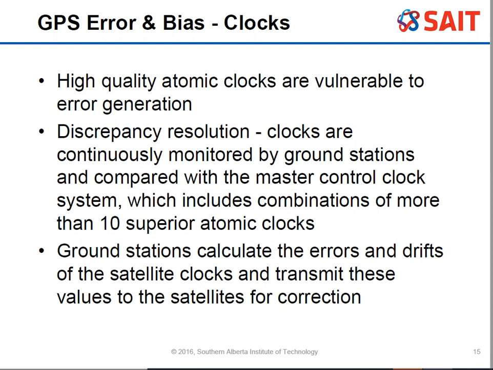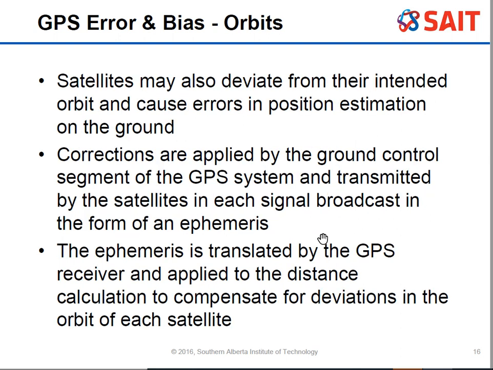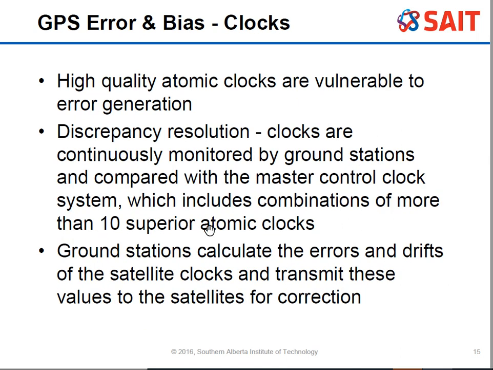But you can see here that when you combine the clocks on the satellite with the master control clocks, then you end up with like 10 superior atomic clocks. We just keep combining it. So this redundancy is going to help reduce that.